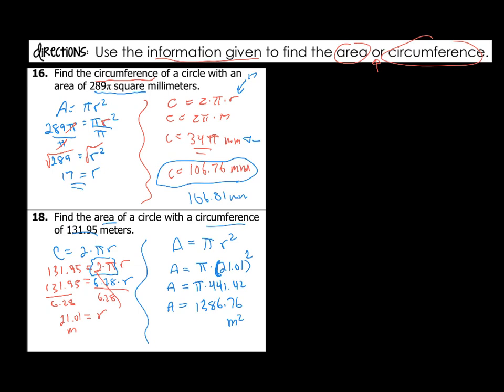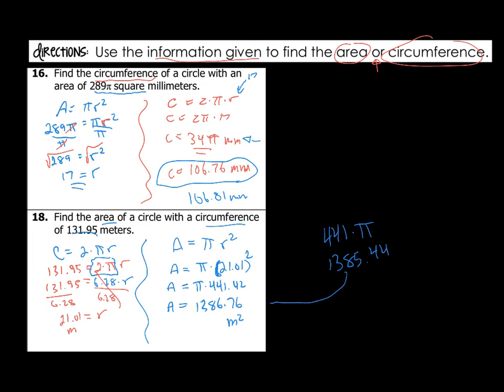Now, again, if you're rounding differently, different rounding is going to get us a slightly different answer. So if you had used, instead of 441.42, if you just use 441 times pi, 441 times pi would yield us 1385.44.